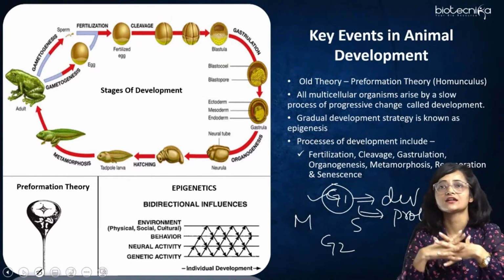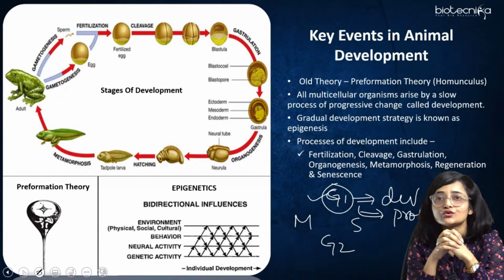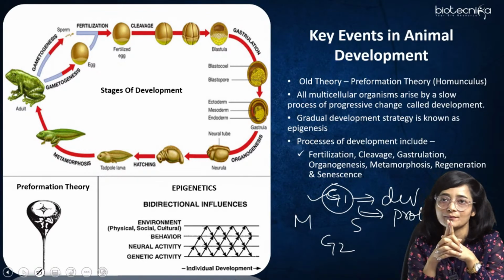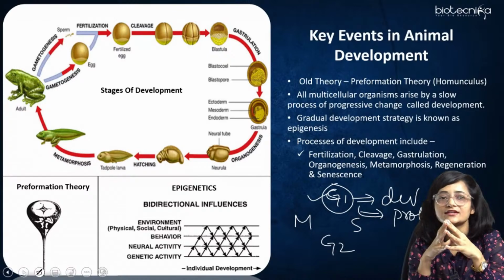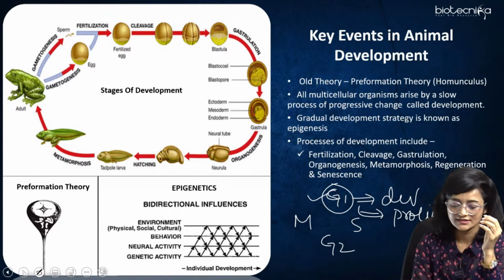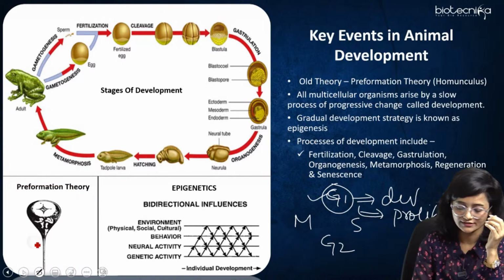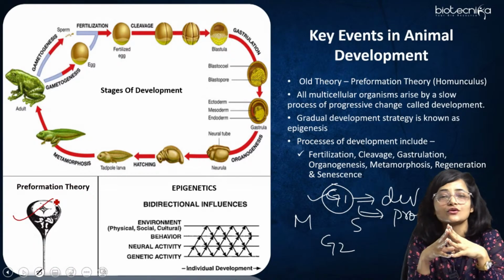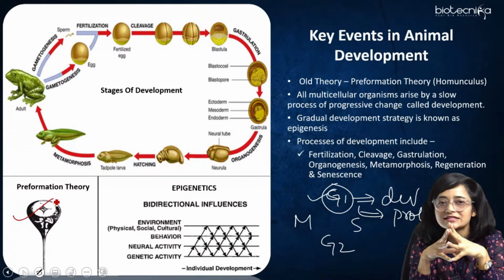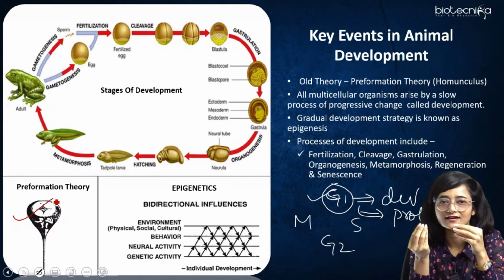So, key events in animal development. There were two theories given regarding development. The first one was the old theory, known as the pre-formation theory. There was a scientist who said, you can see the diagram given here, right? There is a sperm here. Inside it, you can see there is a tiny person, right?